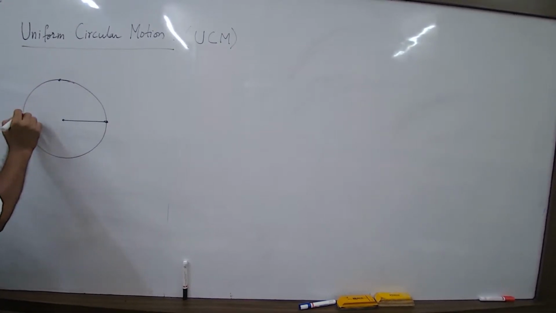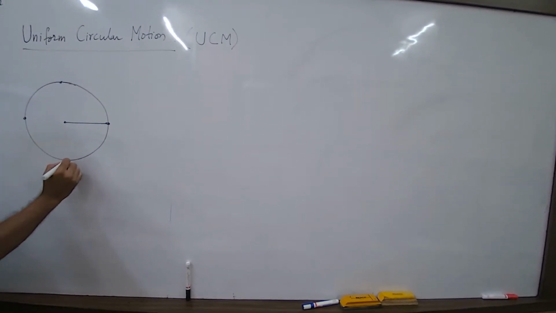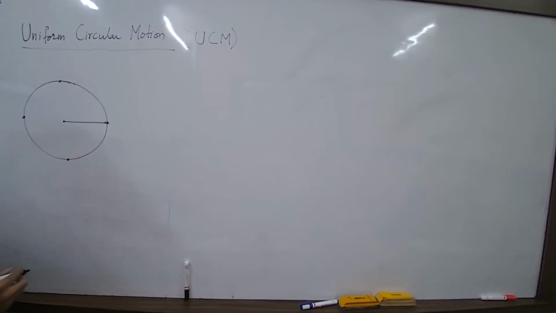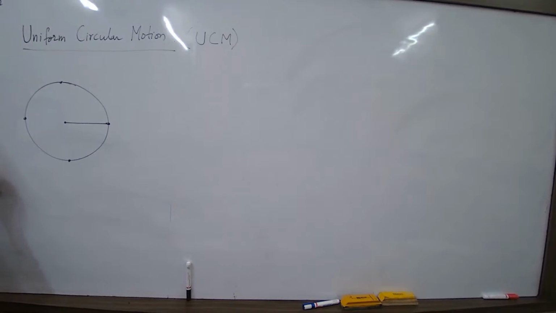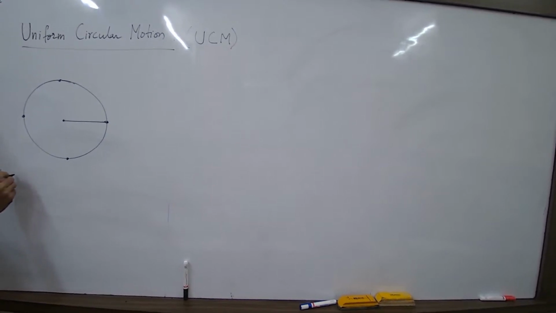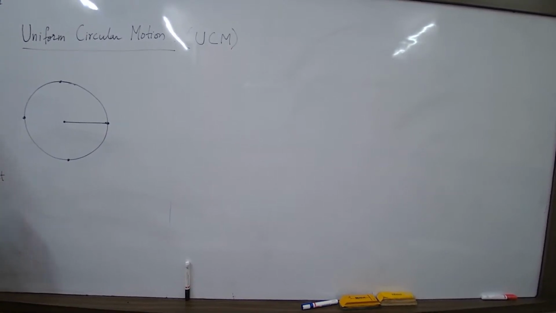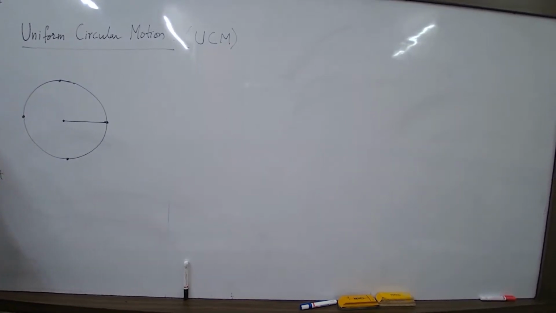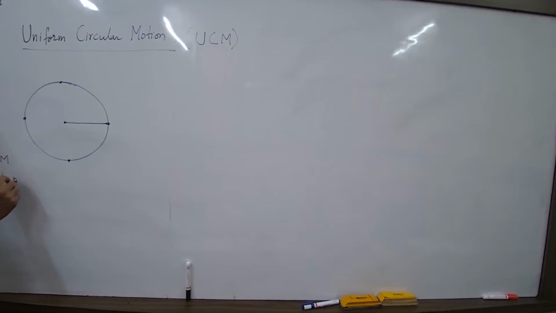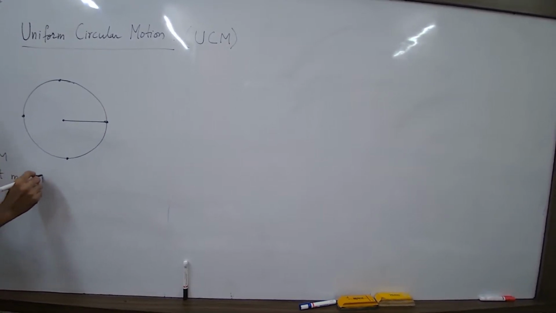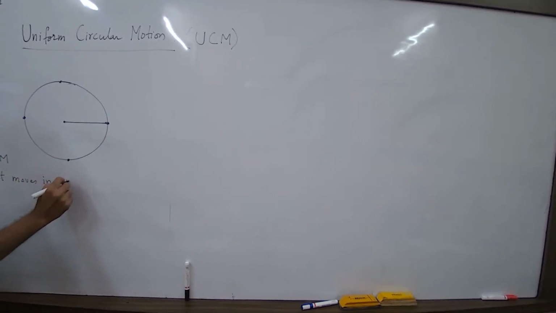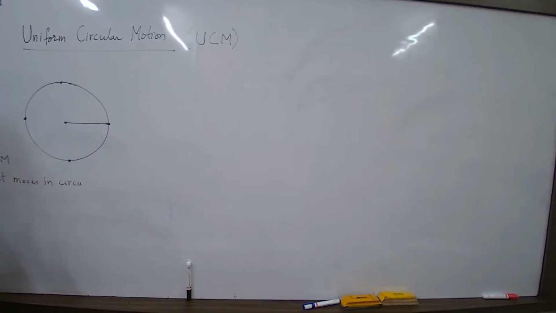So when an object moves in a circular path with constant speed, right? So you say in UCM, in uniform circular motion, object moves in circular path. So articulation is very important, okay?